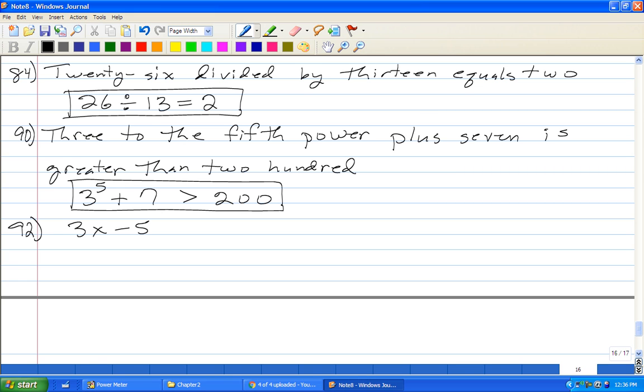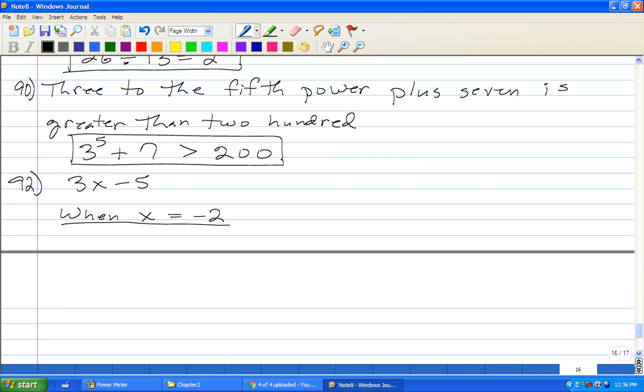Evaluate the expression for x equal negative 2 and when x equal 9. Okay, so when x equal negative 2, I have 3 times negative 2 minus 5, which is equal to negative 6 minus 5, which is negative 11.